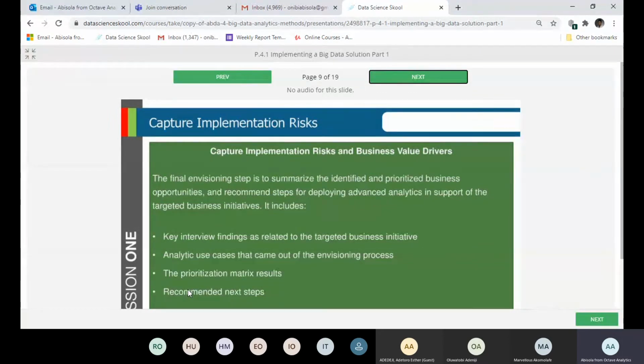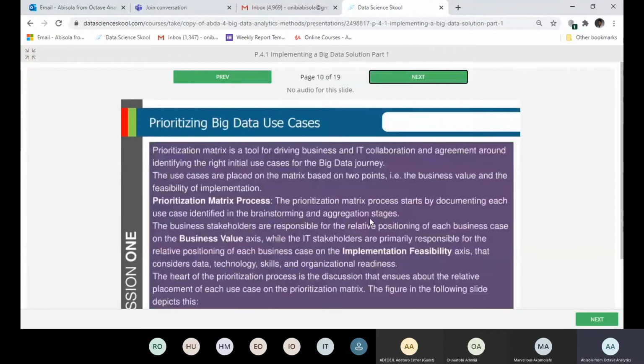Okay, so before I move on, any question? So let me ask questions. I've been talking since morning. I just talked about the 5 different overview of the envisioning process. I just finished explaining. So any questions? If there are no questions, I'd like you to just tell me to go on, and let me know that you understand all I've been saying. I understand. Just go on, ma. Okay.